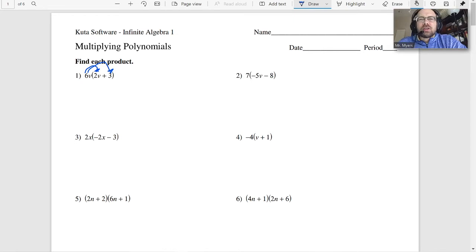This is what's called distributing, and it's basically when you take one thing and you multiply it into a group of things. So this is like the first stage of what's called foiling, or group multiplying, or the total title here, multiplying polynomials. It's the distributive property, as they call it.